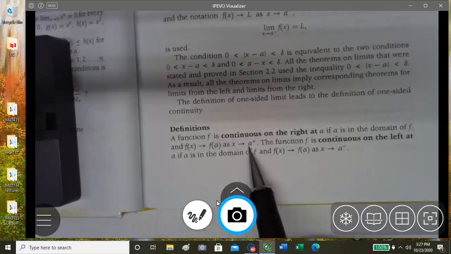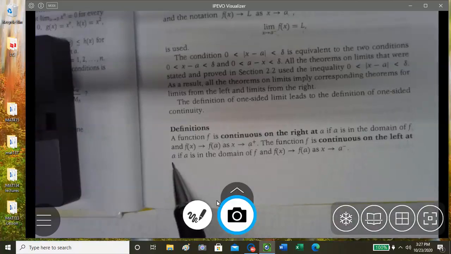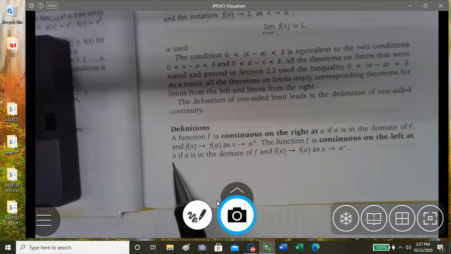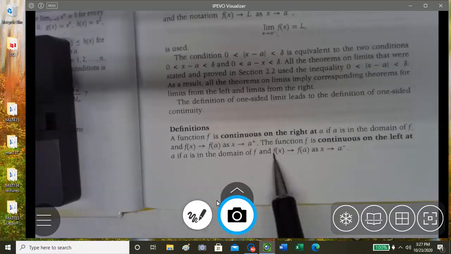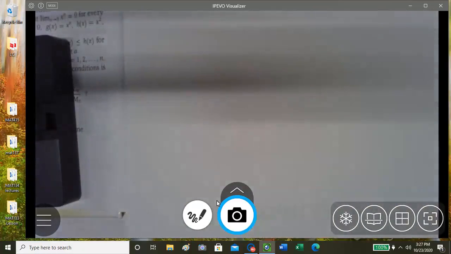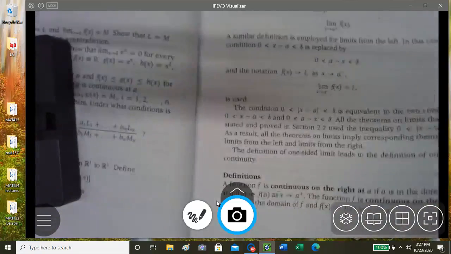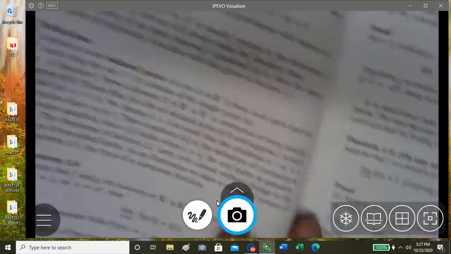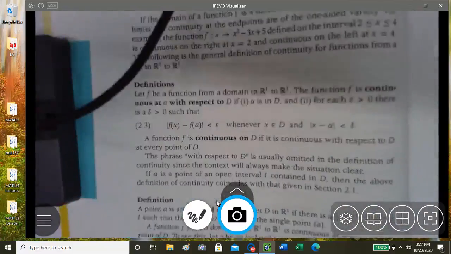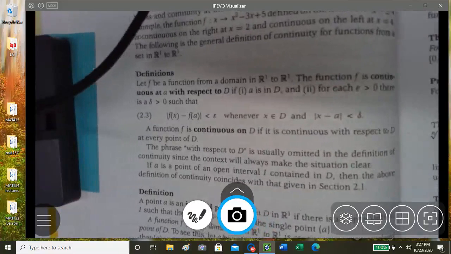The function f is continuous on the left at A if A is in the domain. So A has to be in the domain. Okay, and we're going to identify that in a moment. All right, so we're going to stop here and take a look at some problems.